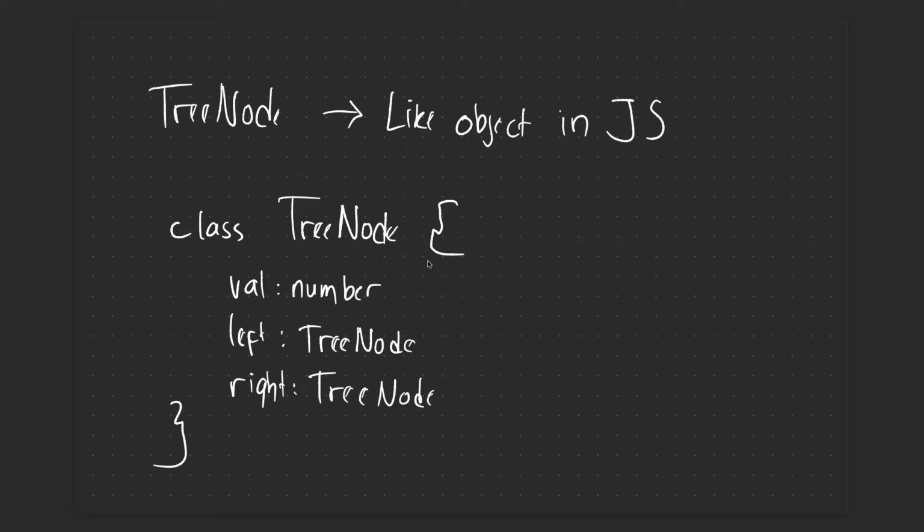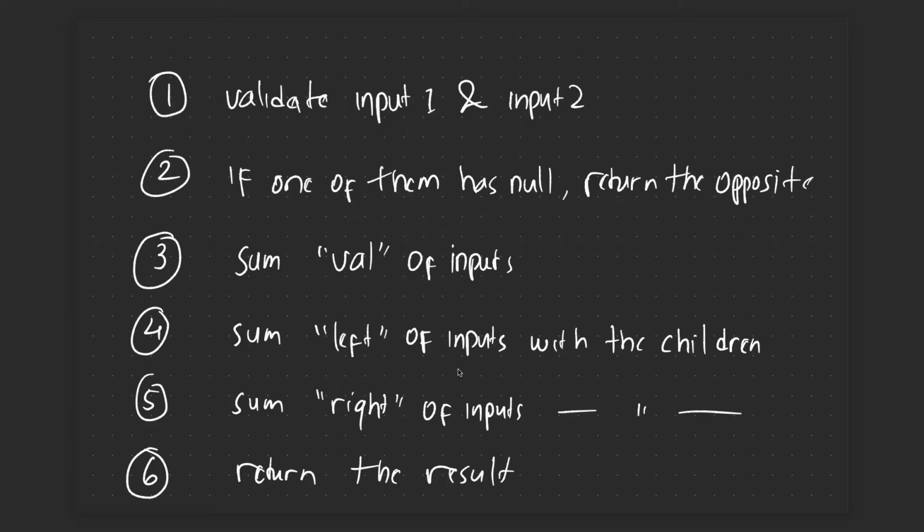Instead of a TreeNode, the object will have the properties val that has the value number, and left will have a TreeNode again, and right will have a TreeNode again. So on the left and the right properties, we will have TreeNodes. That means we will have nested values inside them.